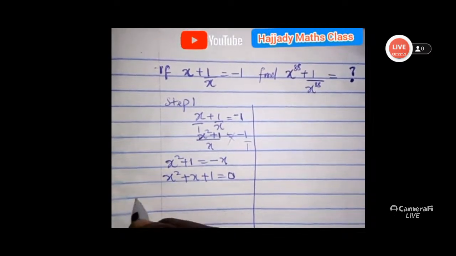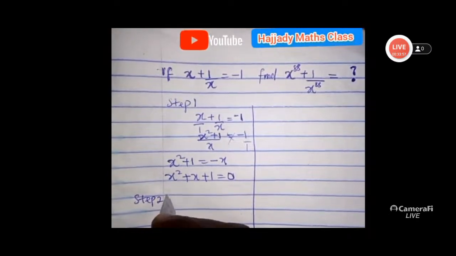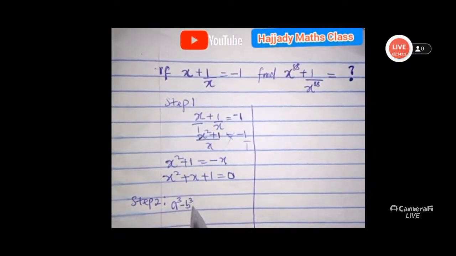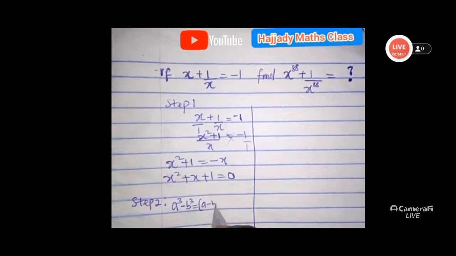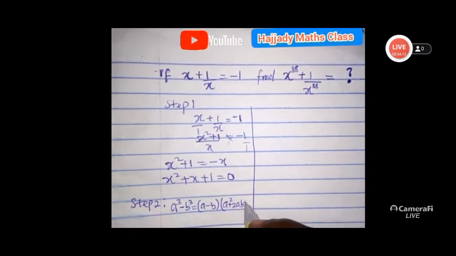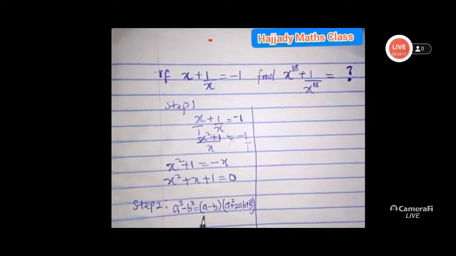Now, our step 2. Don't forget that if we have a raised to power 3 minus b raised to power 3, this can be written as a minus b into bracket a squared plus ab plus b squared. This is the basic expansion theory that we all know.